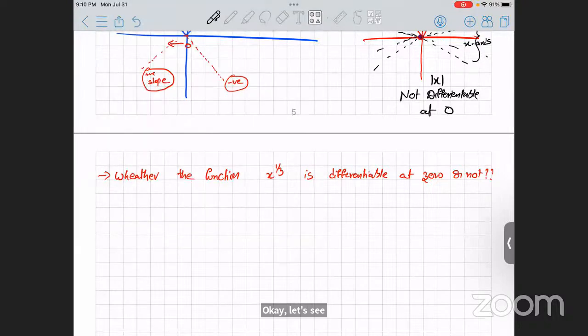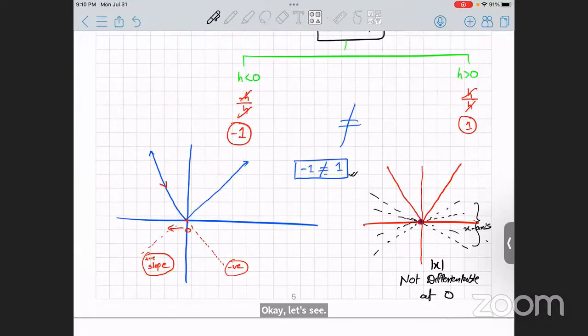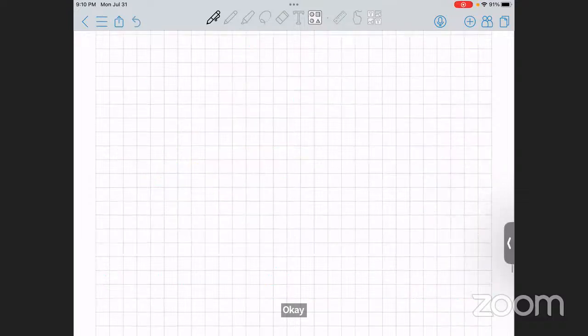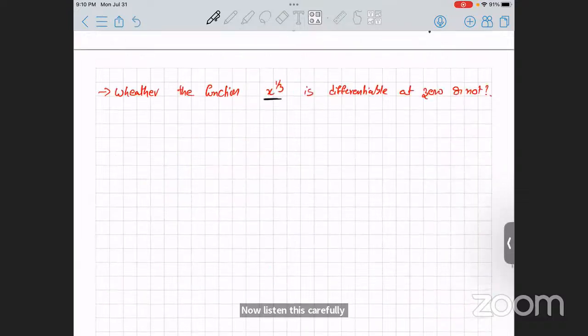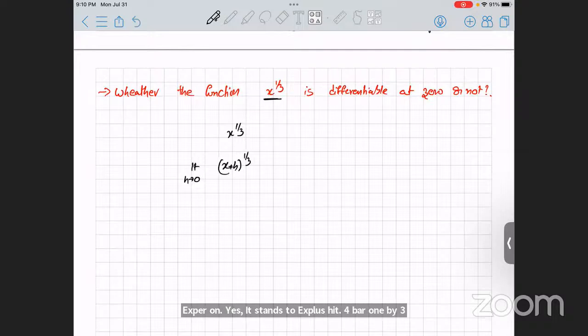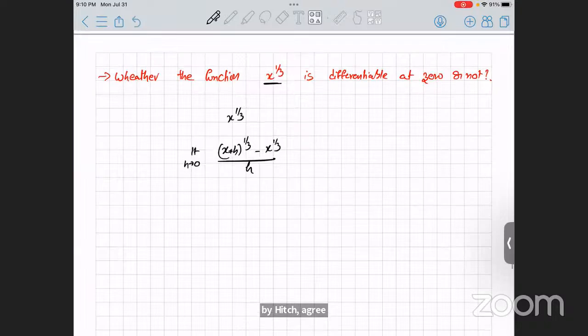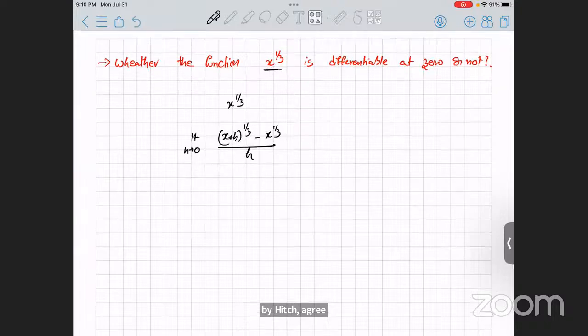Listen carefully. One condition: if the left hand limit is not equal to the right hand limit, it is not differentiable. Now listen carefully. The limit as h tends to 0 of (x plus h) whole power 1/3 minus x power 1/3, divided by h. Agree? Put x equal to 0.